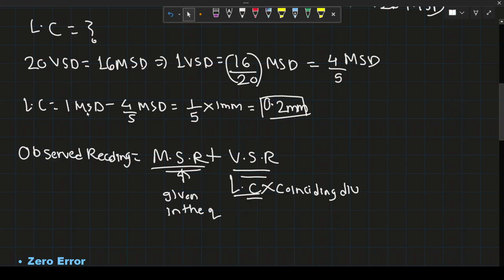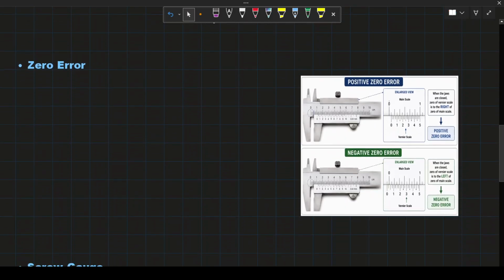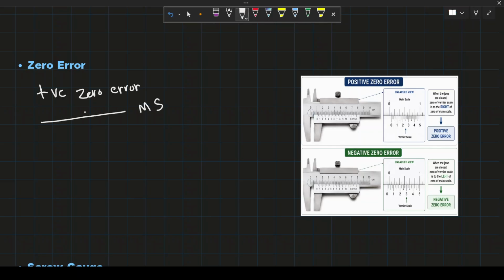I'll have to move on to the next topic, which is zero error, where you have positive zero error and negative zero error. So when is it positive zero error? Let's say this is your main scale having a 0 mark over here, and here is your vernier scale having a 0 mark over here.